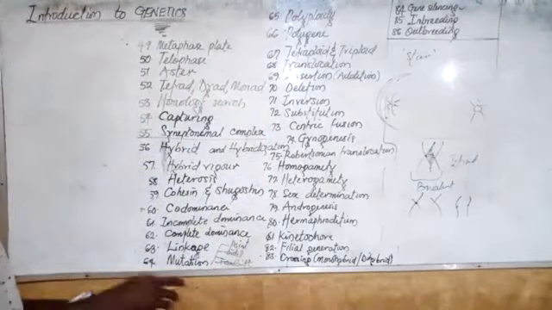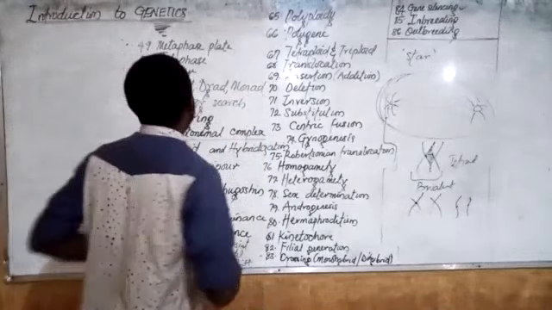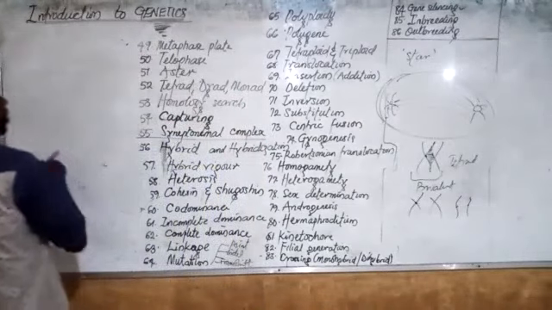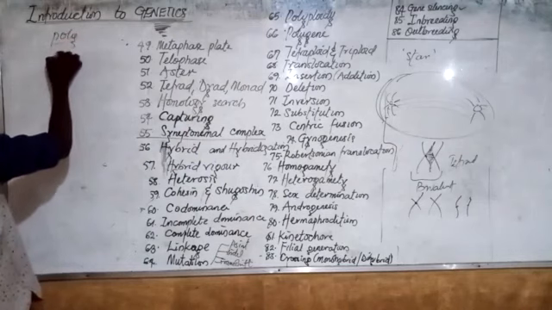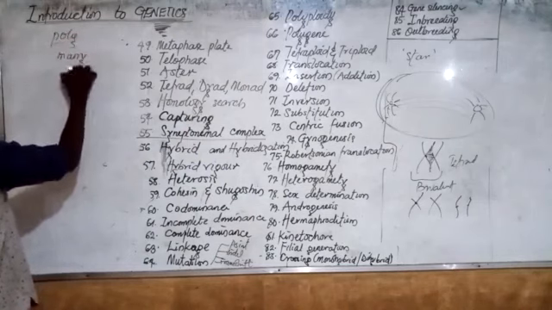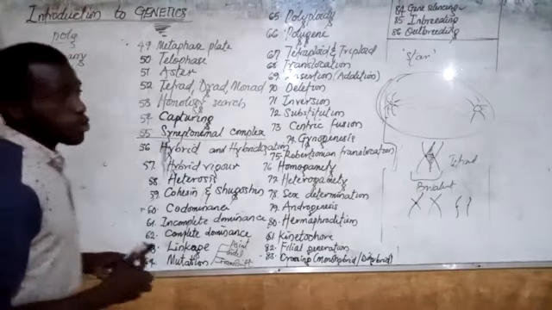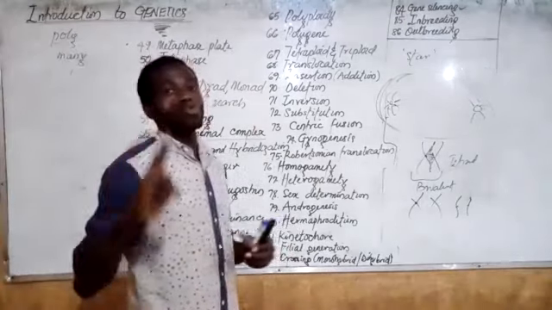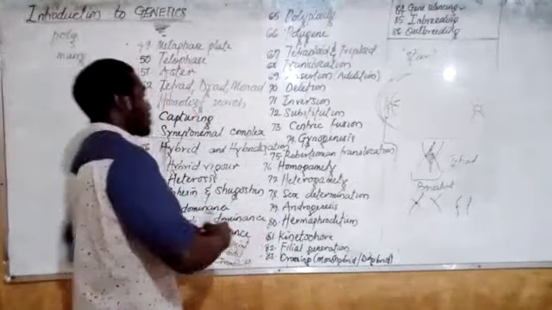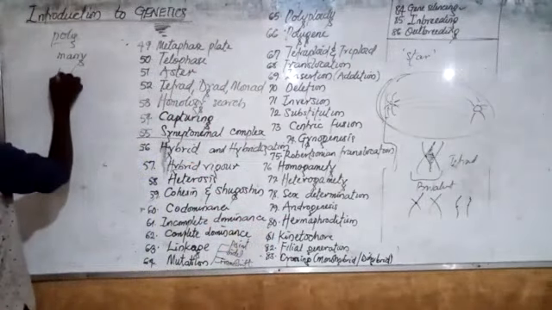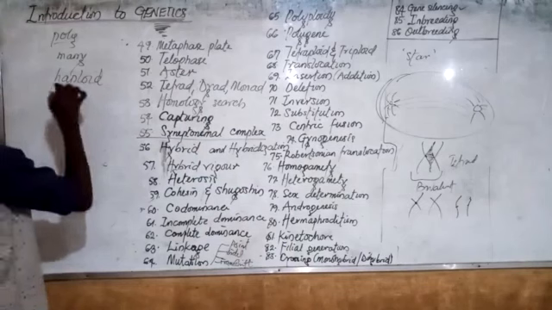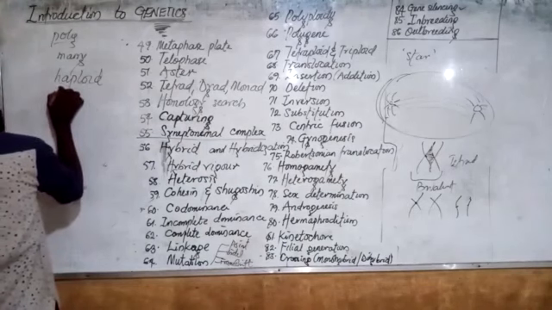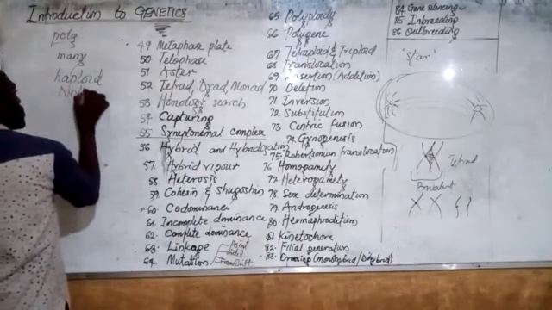The next term, that is the number 65th term. Polyploidy, remember the word poly means many. So it simply means an individual with more than 2 sets of chromosomes. Remember we talked about haploid in meiosis. Haploid means haplous, which means single. Now, the diploid means 2, right?